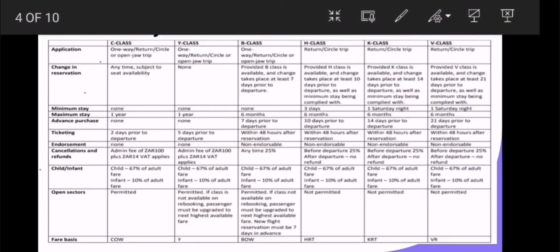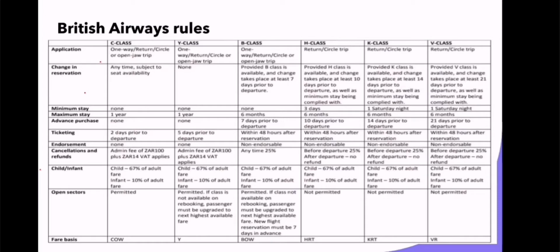Now, as I had stated previously, these tickets are based on rules, right? So the rules that we focus on at the N4 level are these ones: child and infant.